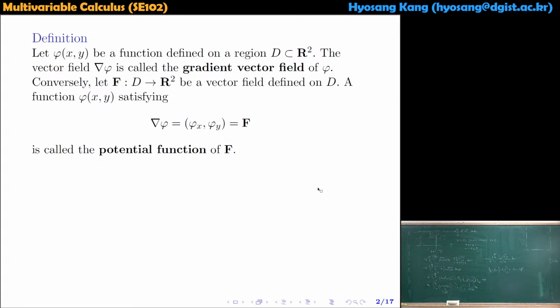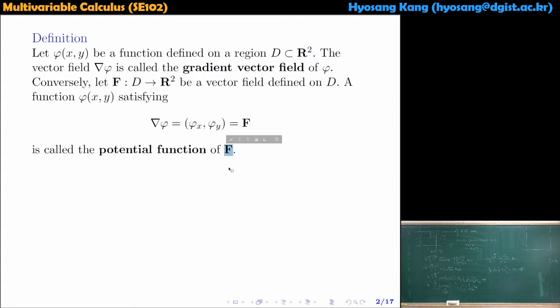Suppose, conversely, we have a vector field defined on the region D. If there is a two-variable function phi satisfying that the gradient vector field is equal to the original given vector field f, then we say this phi is a potential function of this vector field f.